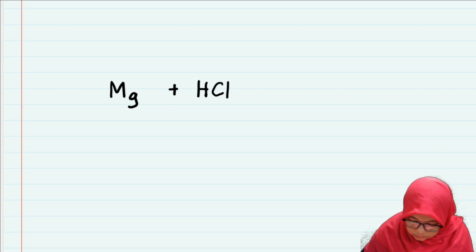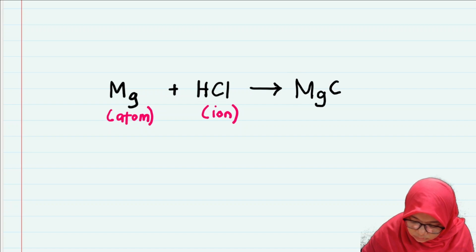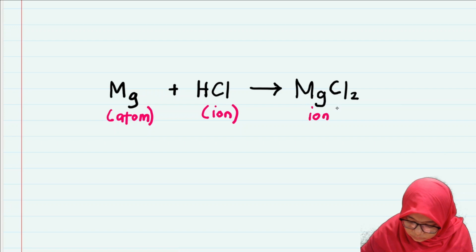This reaction is between magnesium as an atom that reacts with hydrochloric acid, which is an ion, and then the products formed will be magnesium chloride, which is an ion, and also hydrogen gas. Hydrogen gas is a molecule.